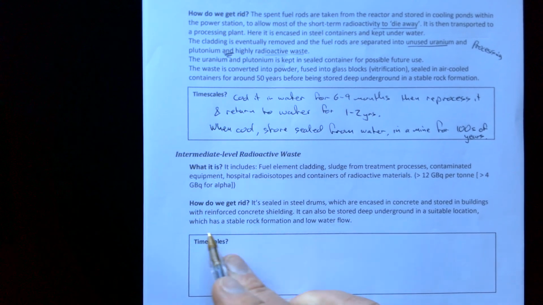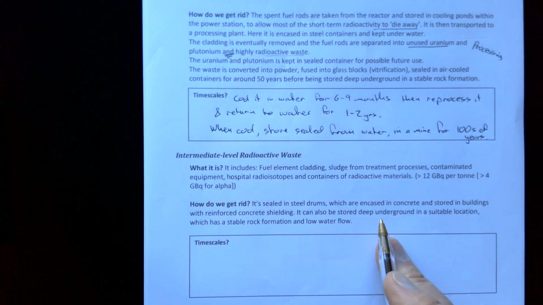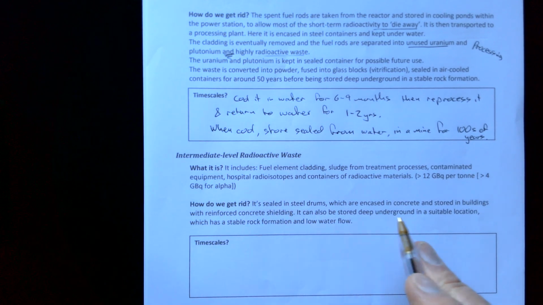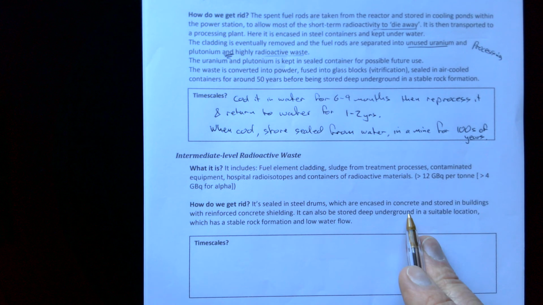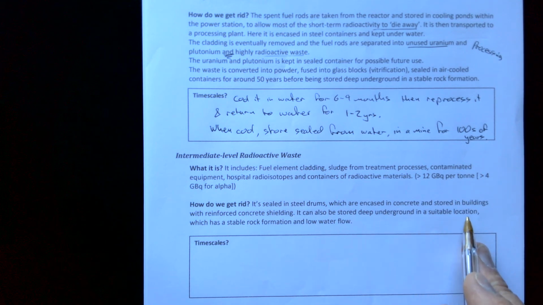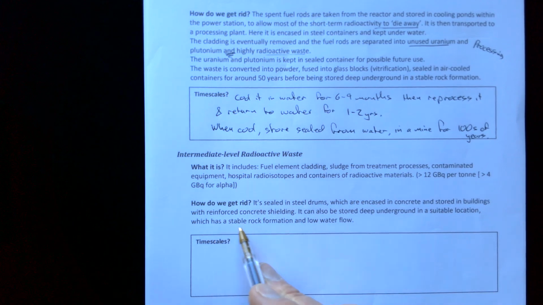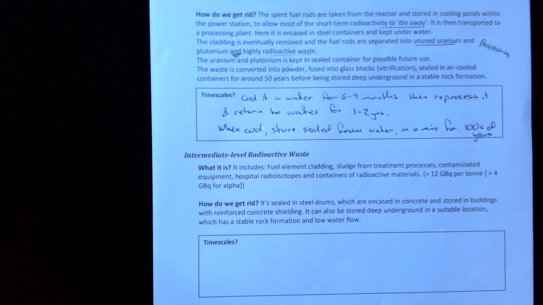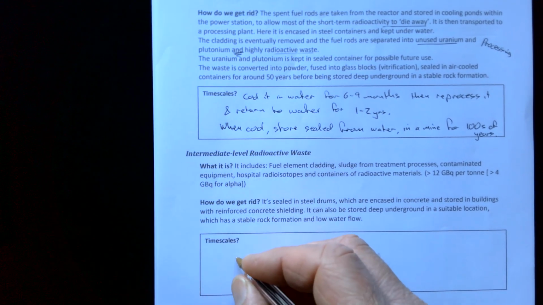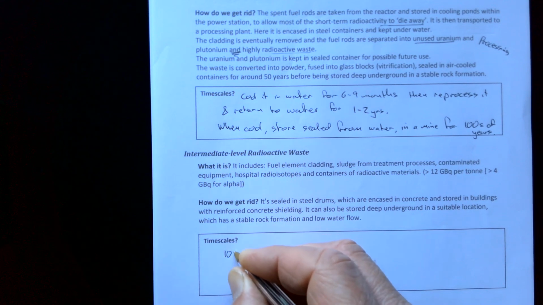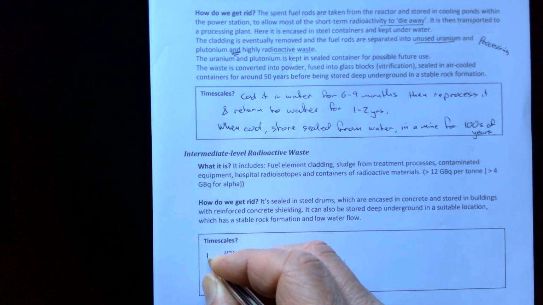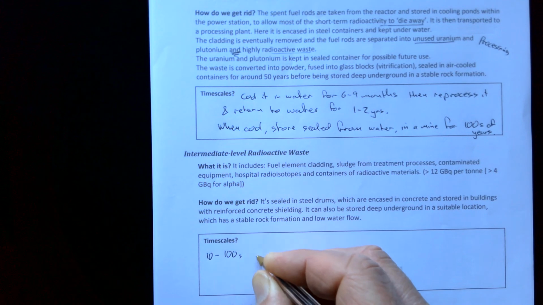Okay, this one again, when it's cool, sealed away, encased, just again deep underground, often because it's a convenient place. We have a lot of mines where it's stable, low water flow, etc. But what they'll do with this one is just store it for tens to hundreds of years.